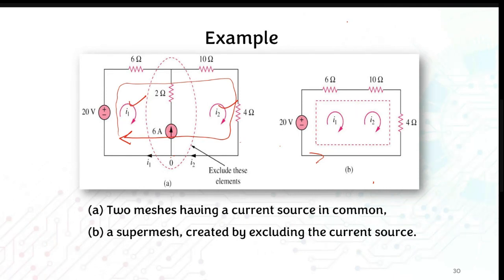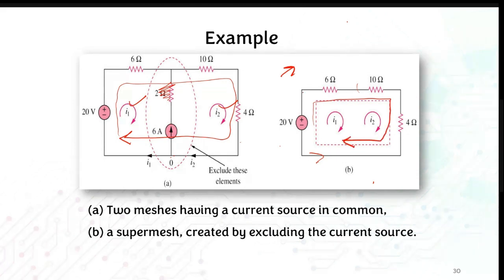So how do we get the equation inside the supermesh? The current source is excluded. To get the equation, you just follow the loop here. You know that your current direction for your loop is this way.